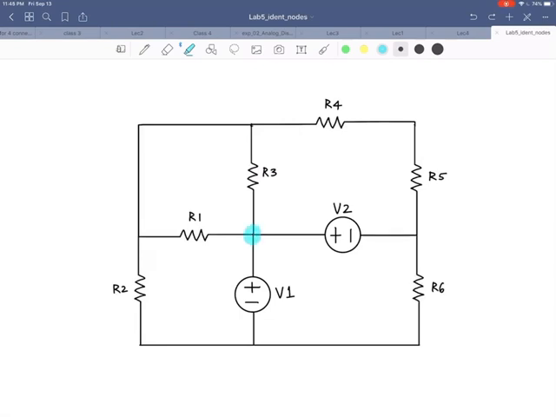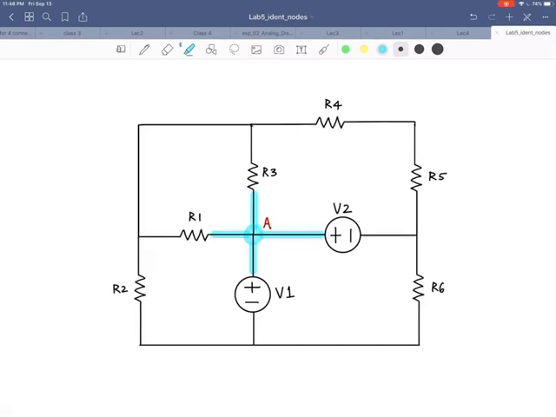So I'm going to highlight this point, and then let us label this, say, node A. You should also note that the voltage at node A, all these points fall under node A, and I can highlight them just for the sake of convenience and for better understanding. That's node A.